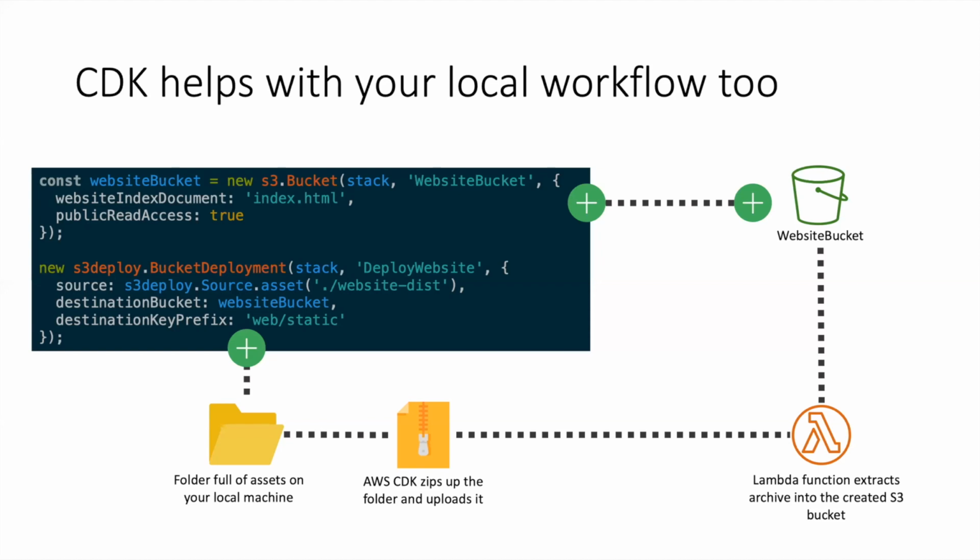What this is doing is I'm specifying a folder full of my website files, probably my HTML files and CSS files and image files for my website. And the bucket deployment construct is automatically creating a zip file out of all of those files on my local machine and uploading it to the S3 bucket in the cloud via a Lambda function, which extracts that zip file on the other side into my S3 bucket.